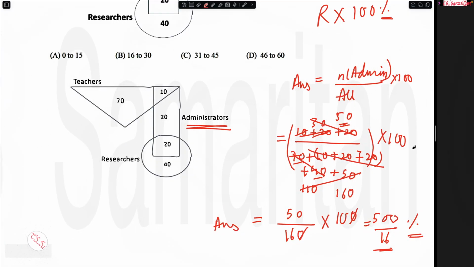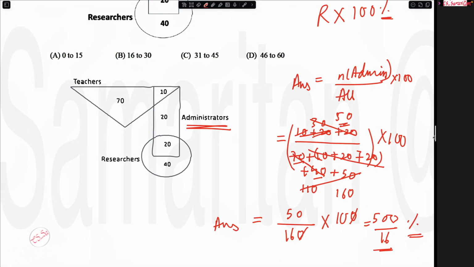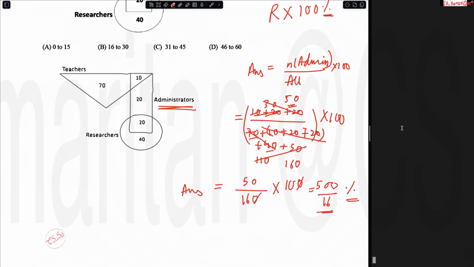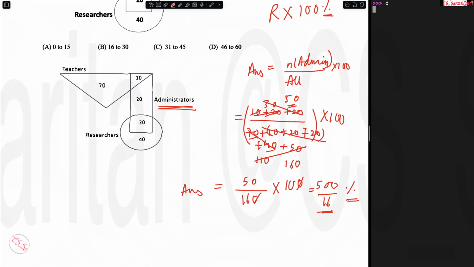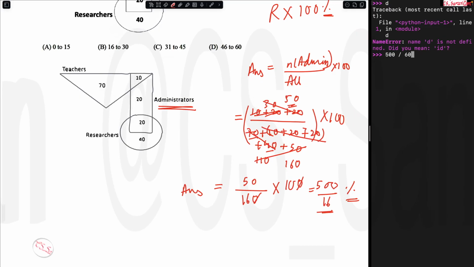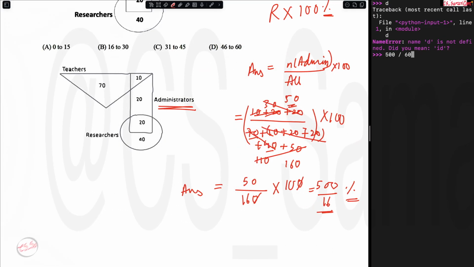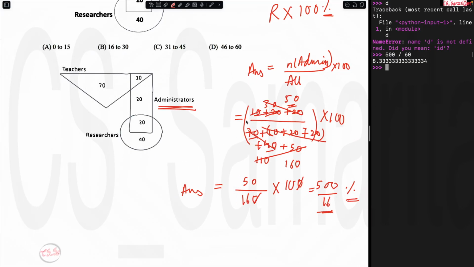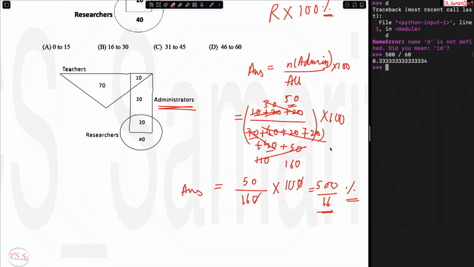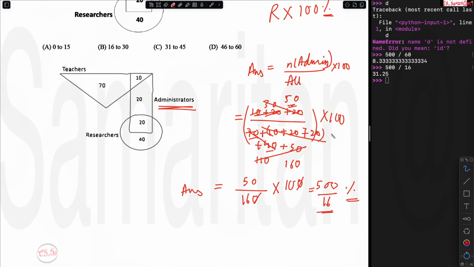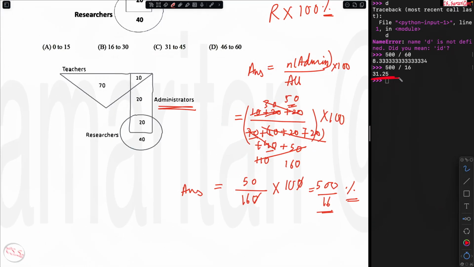Instead of using a standard calculator, I'm using a Python interpreter because it is more expressive for the student, so that I can teach it better. So 500 divided by 60, what am I doing? This has to be 16. So what you get over here is 31.25.